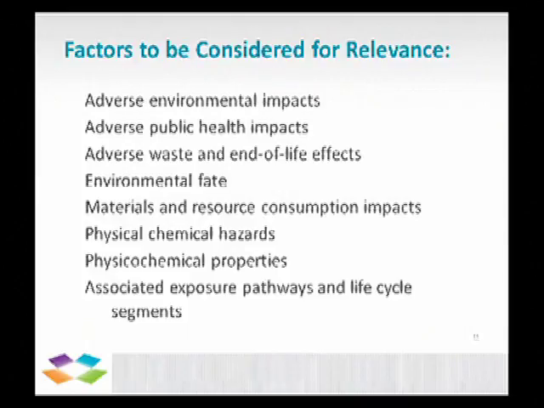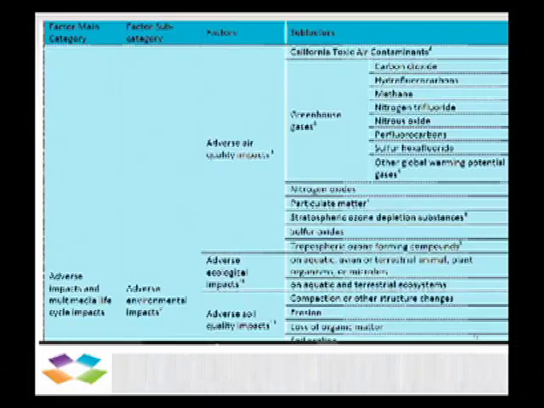And the guide tried to clarify these definitions, and in an appendix, it provided this expanded list of factors. As you can see, the second column, adverse environmental impact, expands on the third column to include adverse air quality impact, adverse ecological impact, adverse soil quality impacts, and it's not showing the bottom part, which is the adverse water quality impacts.